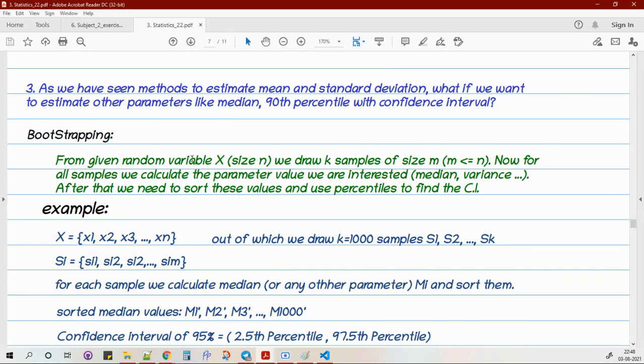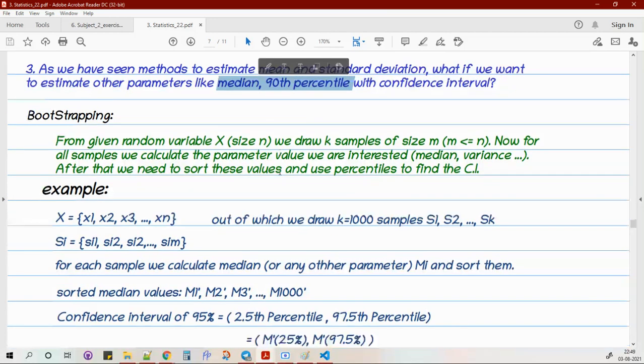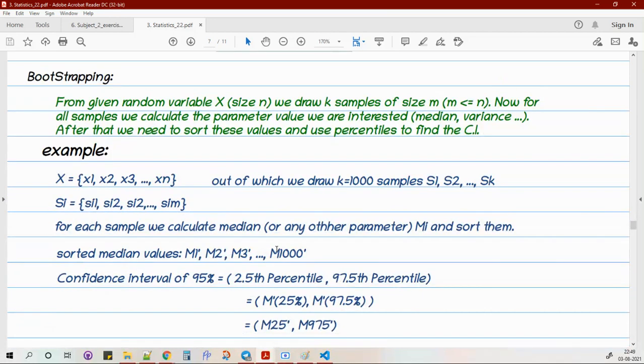But how it differs from CLT is, we just talked about mean and standard deviation, but let's say we want to find out the median of a population. How can you do that? Using bootstrapping, we can calculate everything: the 90th percentile, median, quartile, IQR, anything.